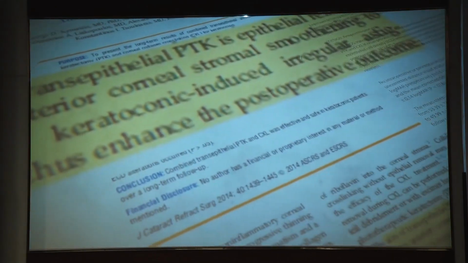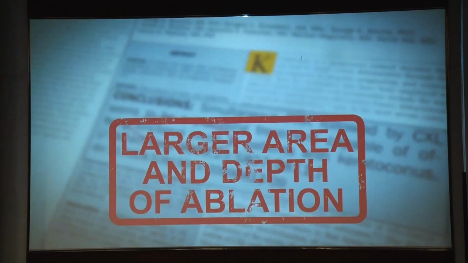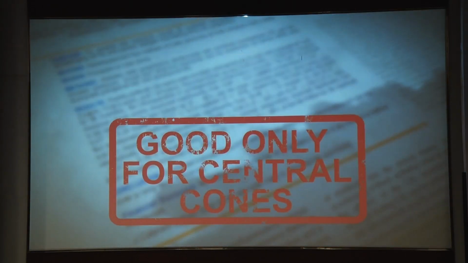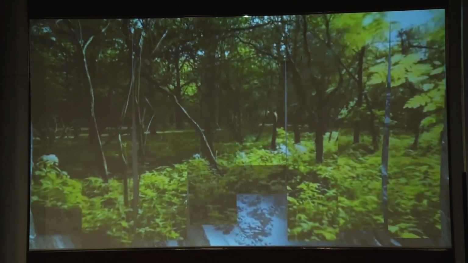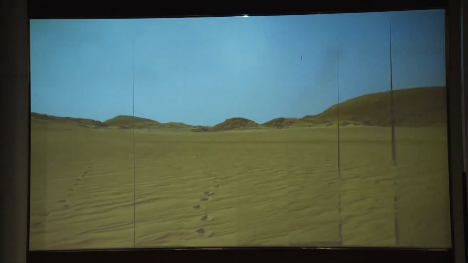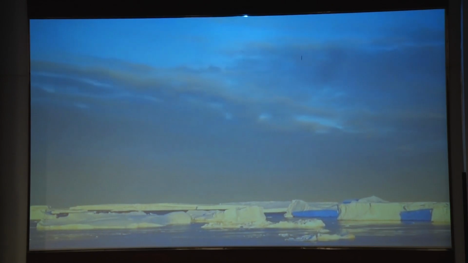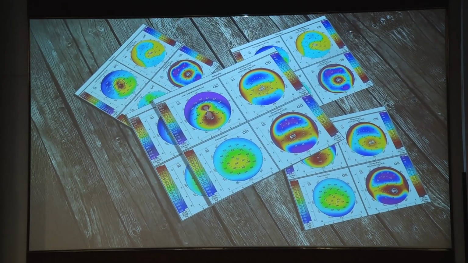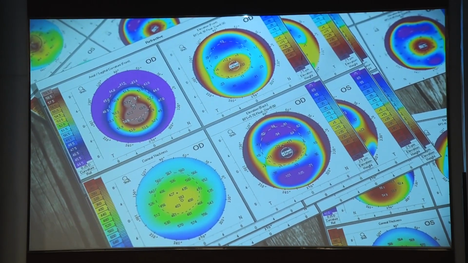The Cretan protocol ablated 50 microns of the central cornea and hence works better for central cones. When people in different geographical areas have customized their lifestyle based on topography, why should we treat all keratoconus the same? Isn't it time to apply our clinical skills for customization of treatment? We know the cones have different sizes and shapes.